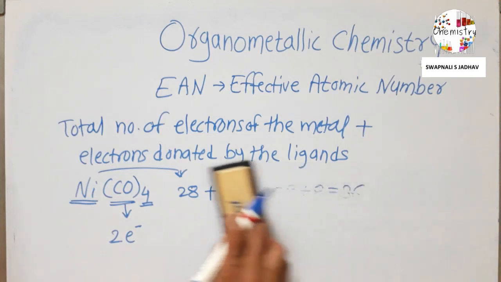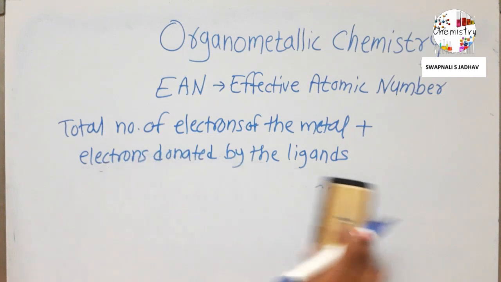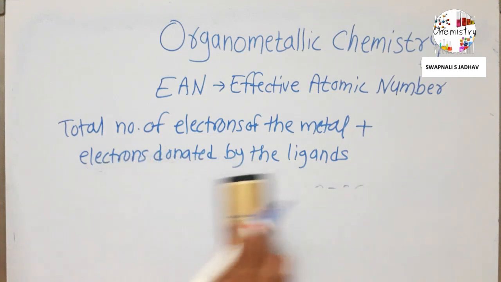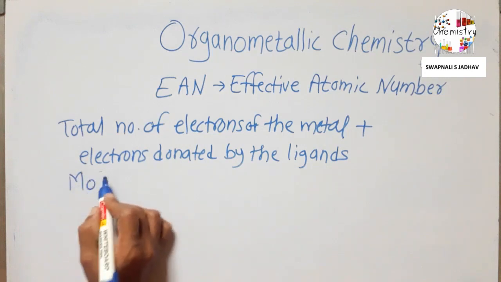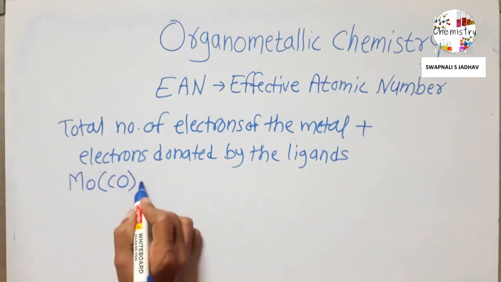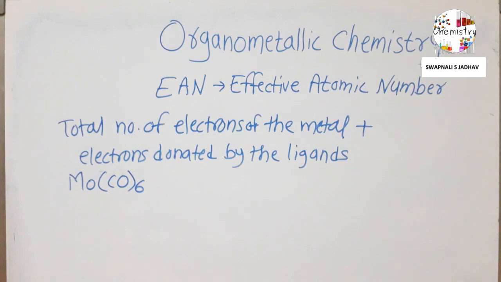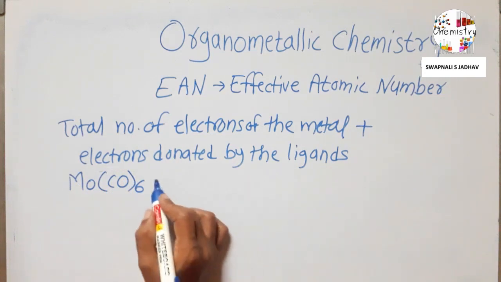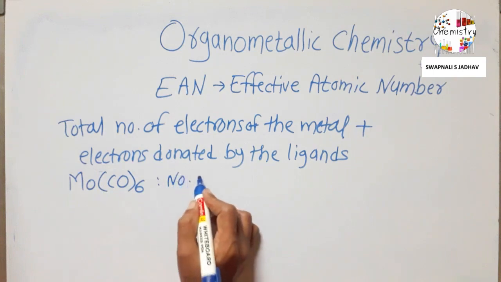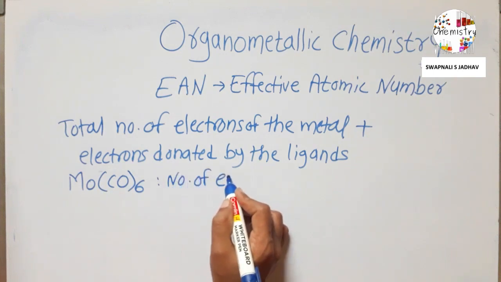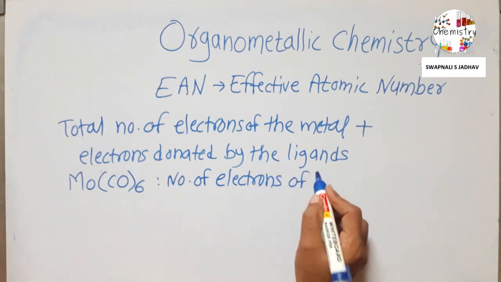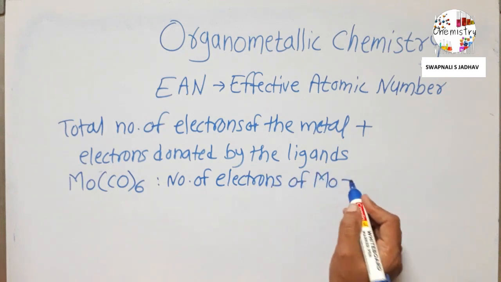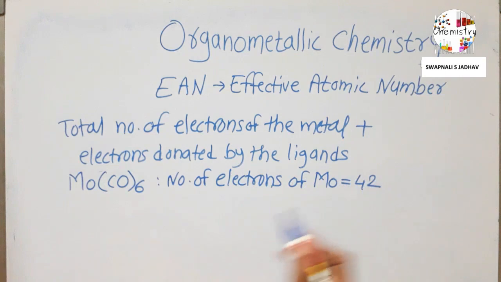We can see another example, MoCO6. The number of electrons of molybdenum is how many? 42.